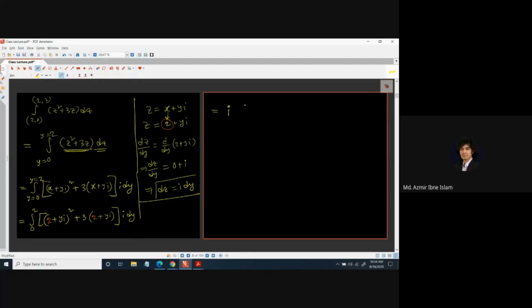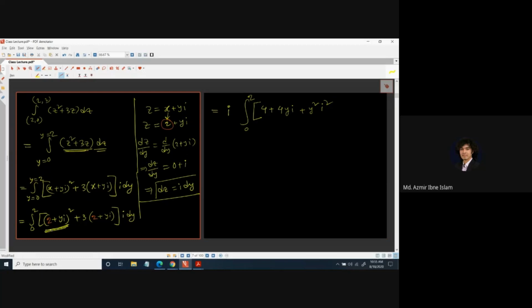We know that i is constant, so i can be pulled out before the integral sign. So we have 0 to 2. Now we can apply our algebraic technique, the a plus b whole squared formula. So it will be 4 plus 4yi plus y squared i squared.